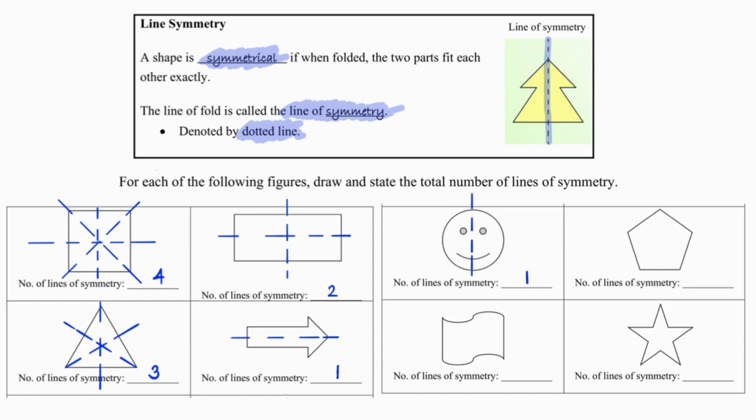And for a regular pentagon as such, there are 1, 2, 3, 4, and 5.